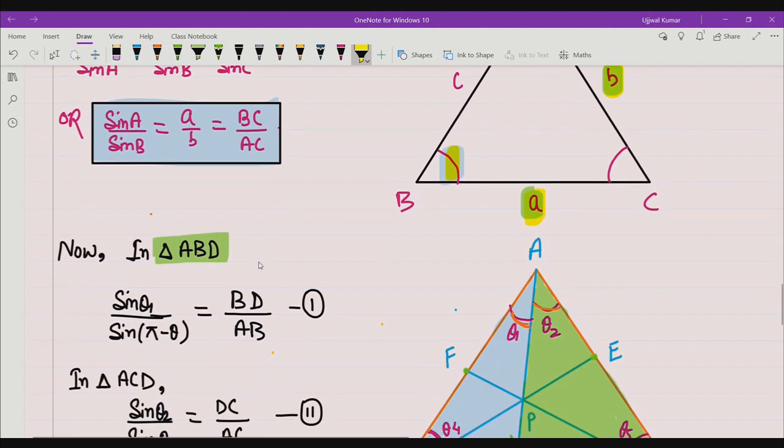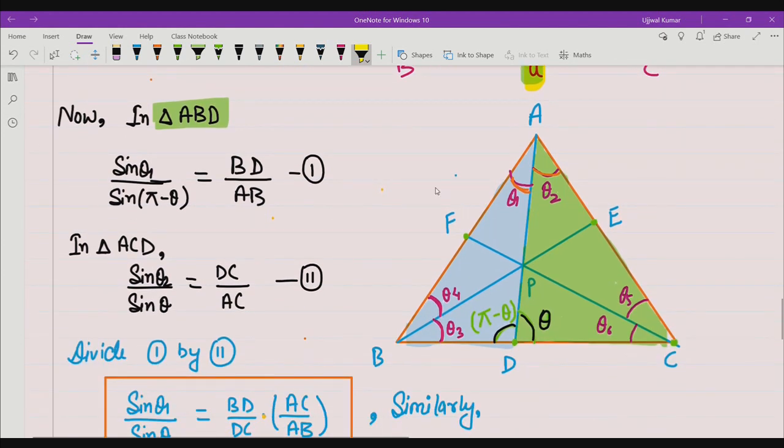Now, moving on. Observe closely the blue triangle, triangle ABD. Let's say angle ADC is theta. Then angle ABD is pi minus theta. So now in triangle ABD, sin theta 1 upon sin (pi minus theta) equals BD upon AB, the side opposite to theta 1 and the side opposite to pi minus theta.